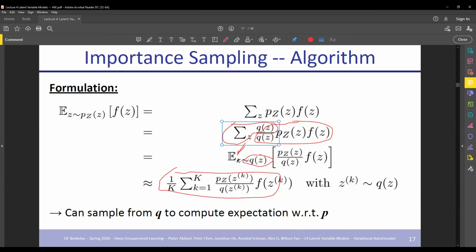What we have done is, instead of choosing samples of z from Pz of z, which doesn't give us very informative samples, we switch the distribution we sample from to Qz, and then calculate the K samples using the z_k sampled from the Q distribution.